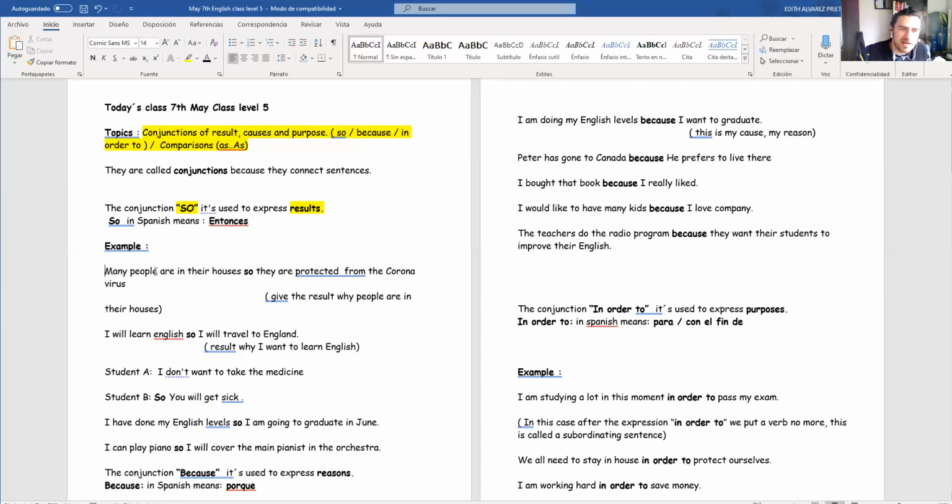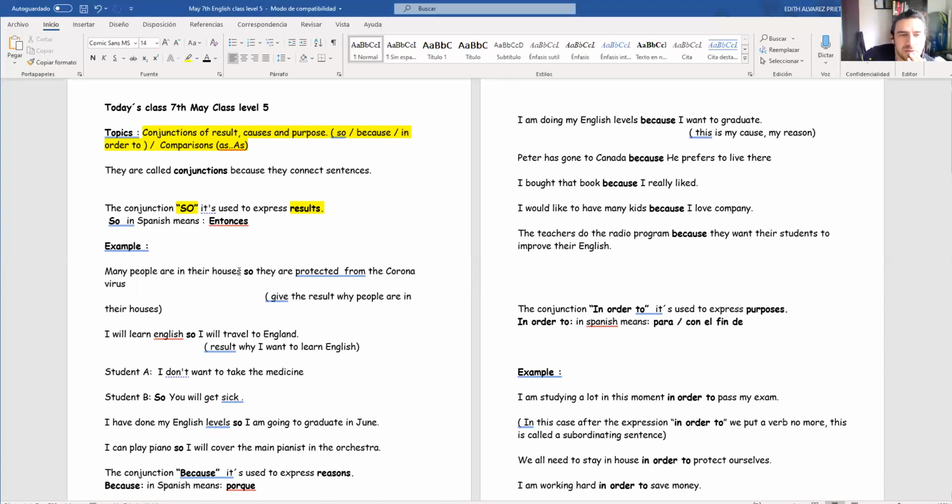Entonces tenemos la primera parte de la oración. Mucha gente está en sus casas. So, they are protected from the coronavirus. Entonces, esta oración, como lo escribe acá, es el resultado de por qué las personas están en sus casas, ¿ok? ¿Por qué están en sus casas? Because they are protecting from the coronavirus. ¿Listo?